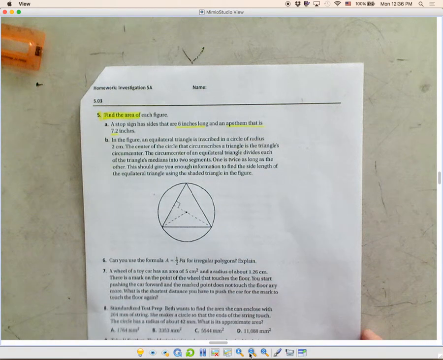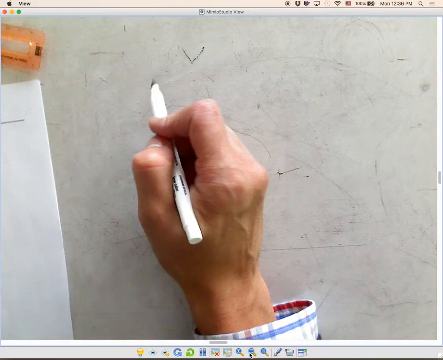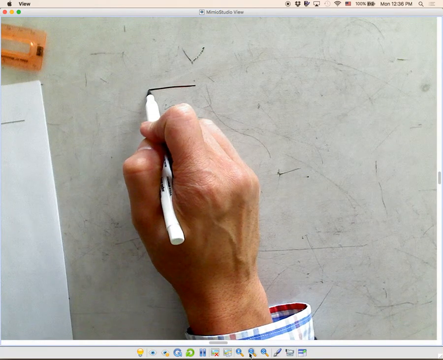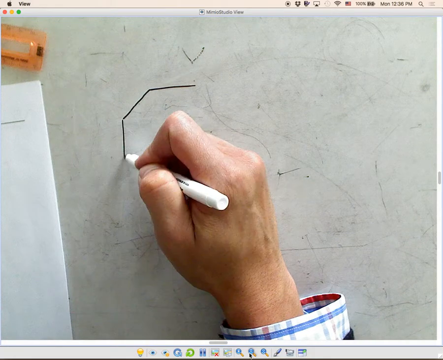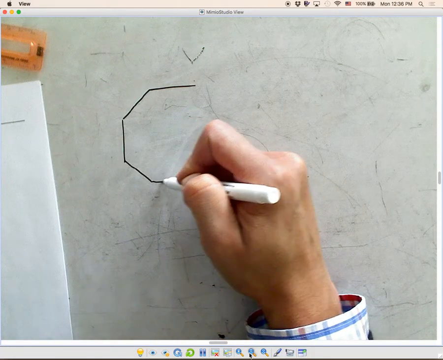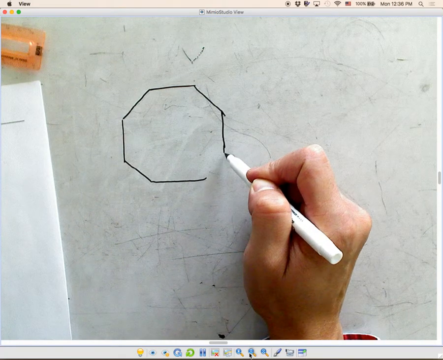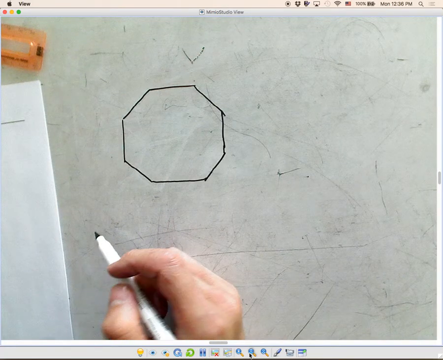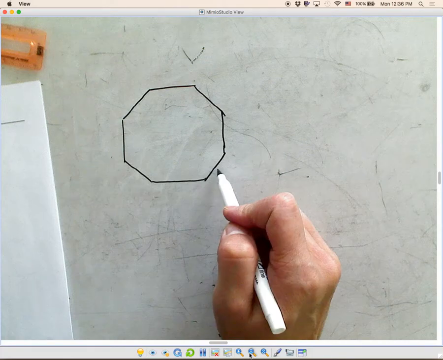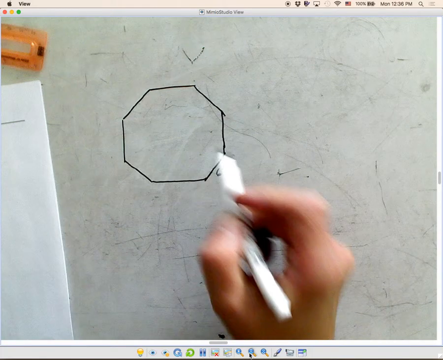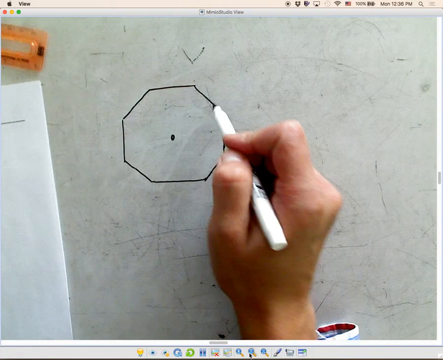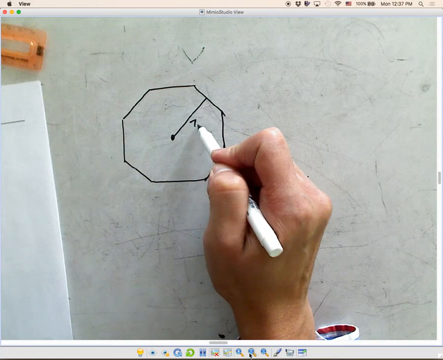The stop sign is an octagon, so it goes like this. Each side is 6 inches, and the apothem is 7.2 inches.